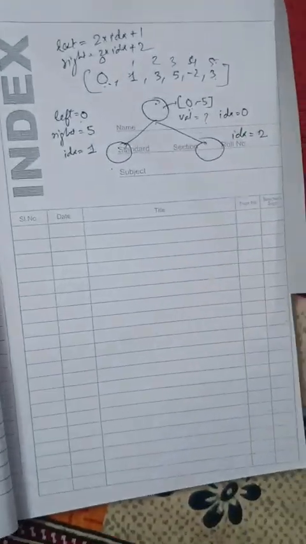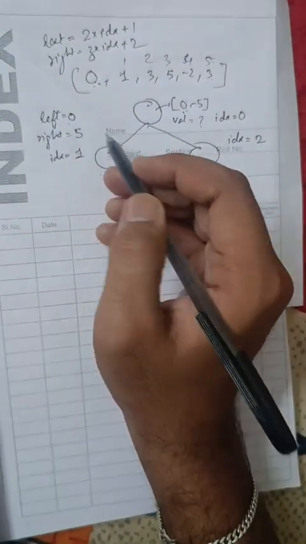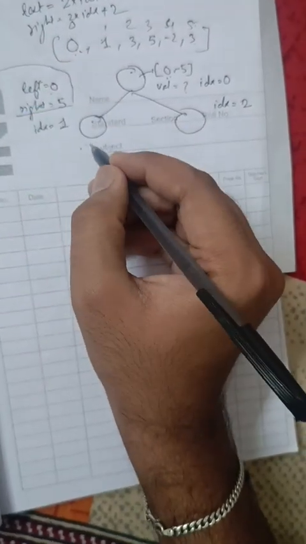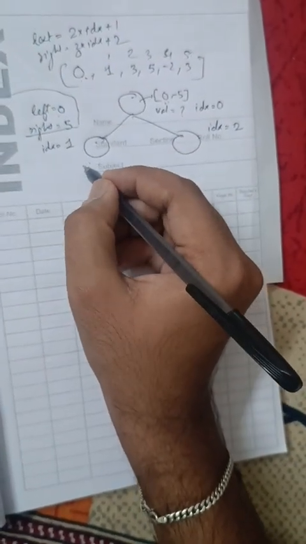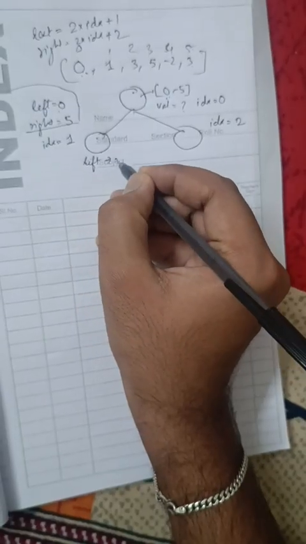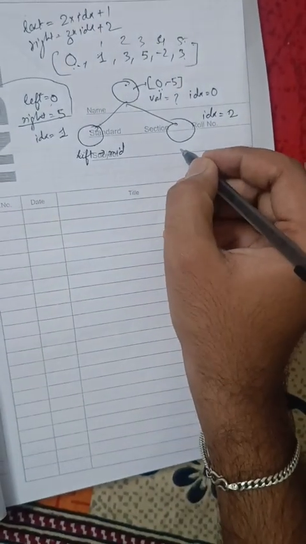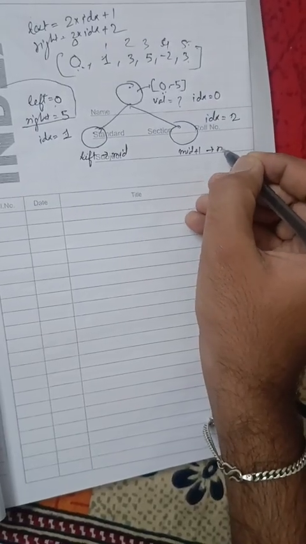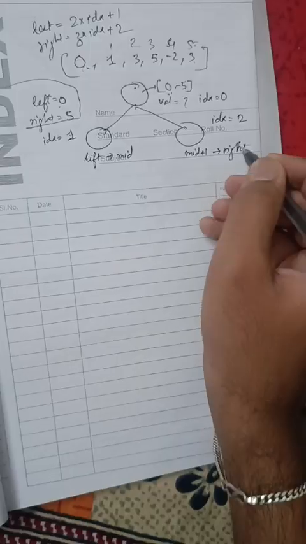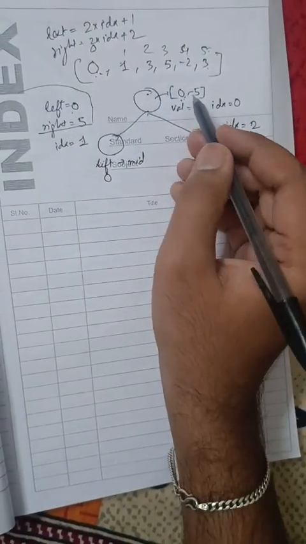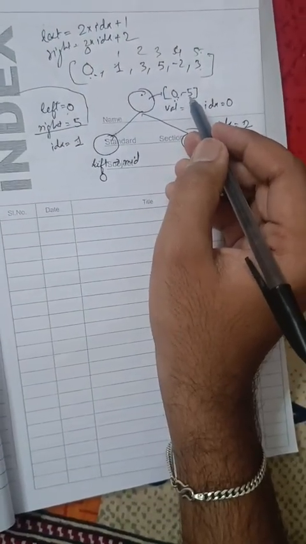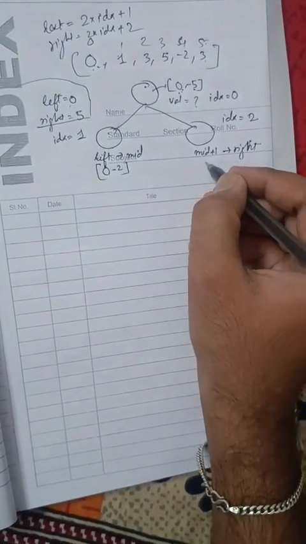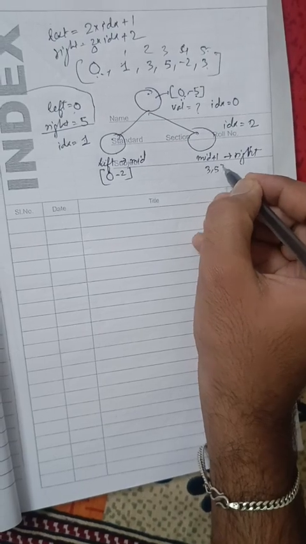Because when I take out the mid value, the left child will point from left to mid, and the right will point from mid plus 1 to right. That means mid is 0 plus 5 divided by 2, that means 2. So 0 to 2, and this will point to 3 to 5.